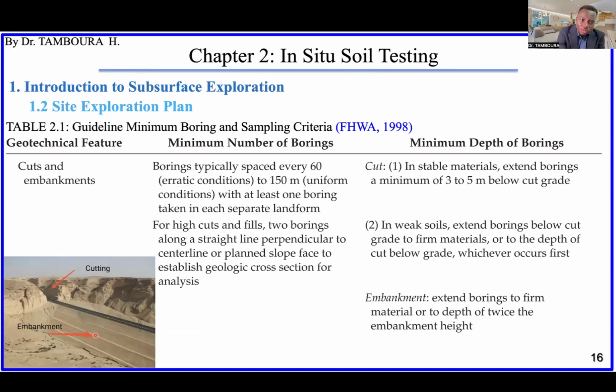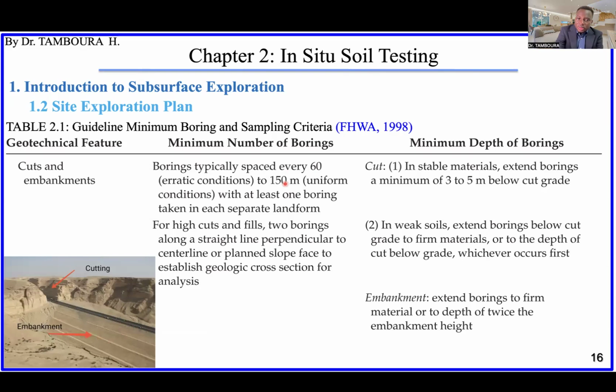Okay. So for these cuts and embankments, it is saying that borings are typically spaced every 60 meters in non-uniform conditions, to 150 meters.